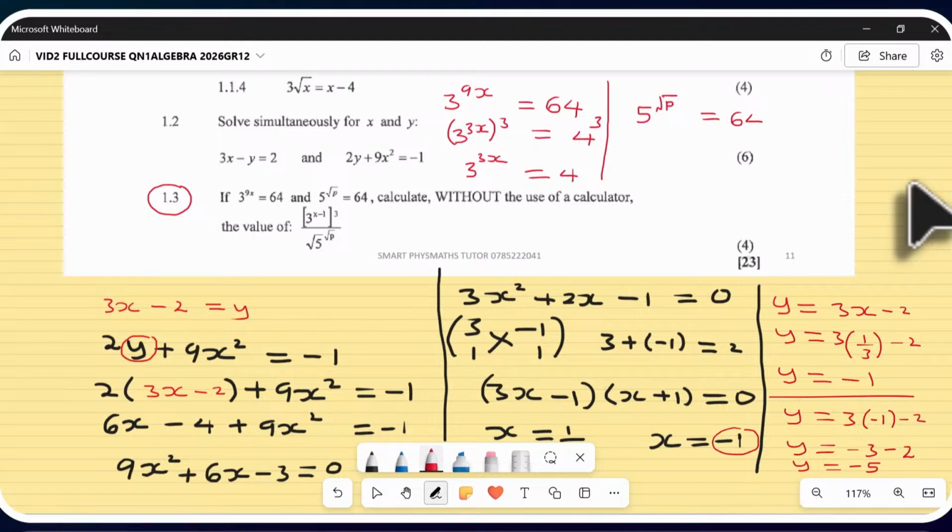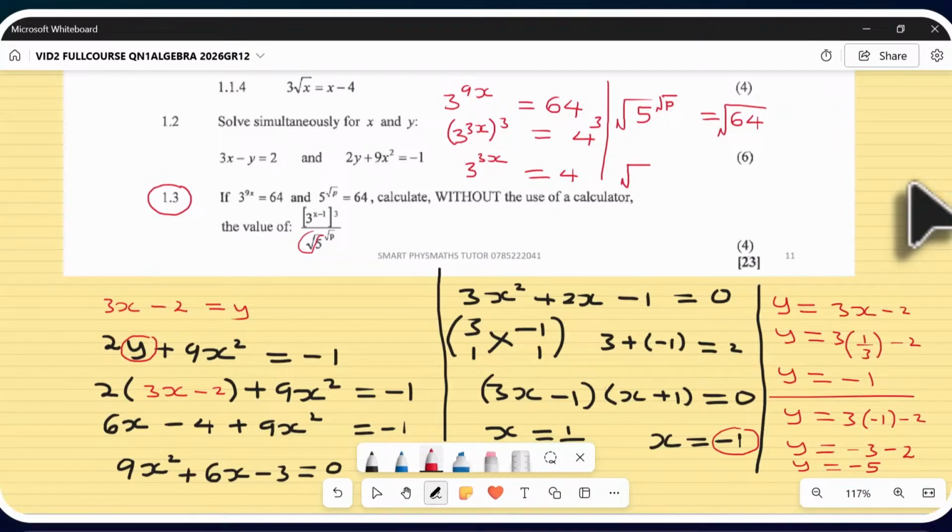So now I come to my simplification here. If I'm simplifying this one here, I'm going to open brackets. So I'm going to say 3 power 3x, then minus 3, I'm using rules of exponents, then divided by the root of this thing all together, that is root 5 and the root of p.